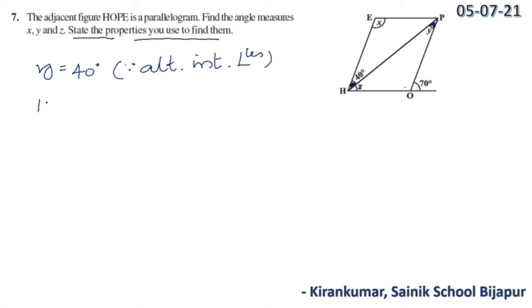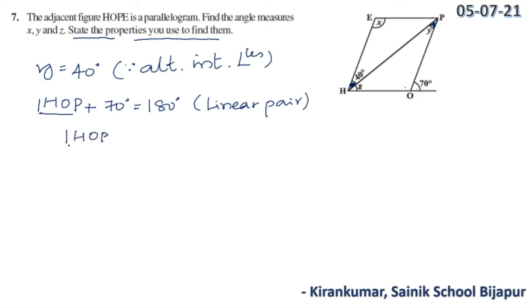So I can find angle HOP plus 70 degrees will be equal to 180 degrees because they form a linear pair. From that, I can find angle HOP. Angle HOP will become equal to 110 degrees.